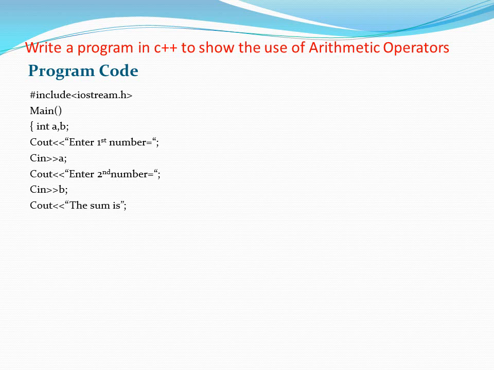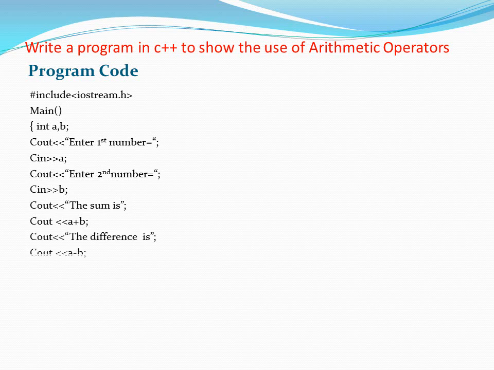Then write the statement, the sum is a plus b, means whatever values you have taken from the keyboard in the variables a and b, they will be added and printed.